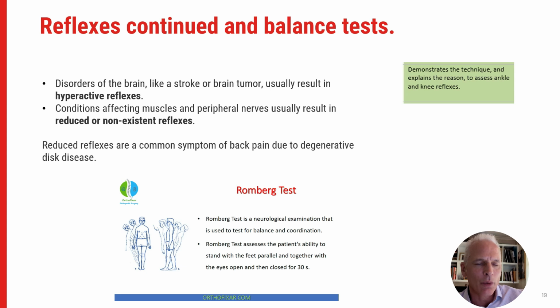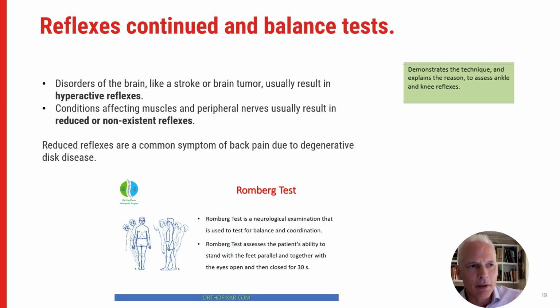So quite commonly in diabetes, we will get a loss of reflexes, or if someone's had a spinal injury, then they may get a loss of reflexes. Or you may notice that people who've got something going wrong with their gait and they have hyperreflexive reflexes, this may indicate that they've got some sort of brain or spinal cord abnormality.